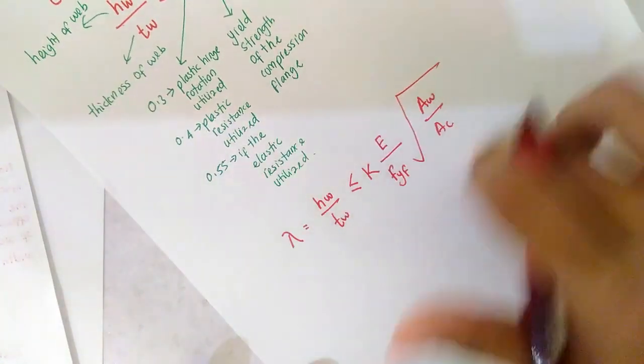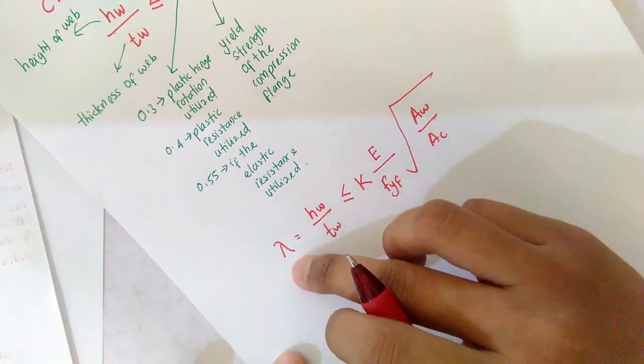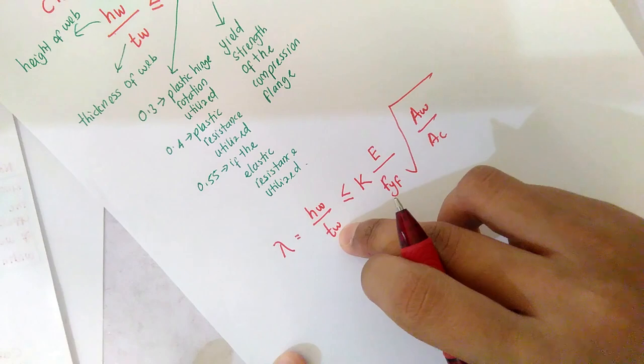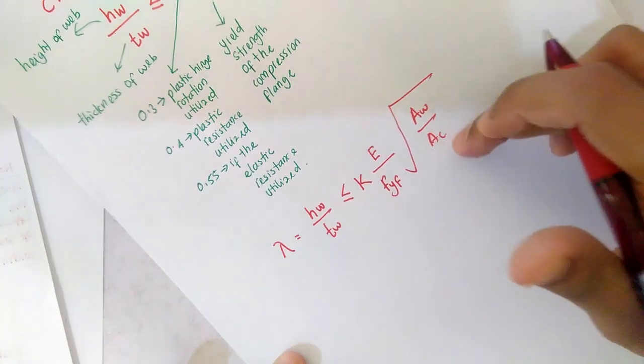Once you have assumed that lambda is equivalent to hw over tw, you need to find your Aw and Ac.